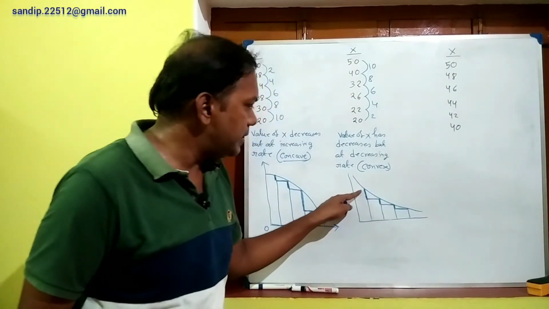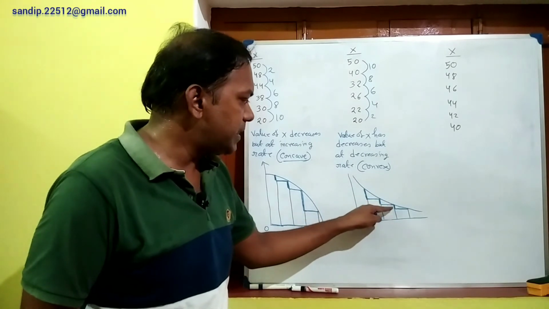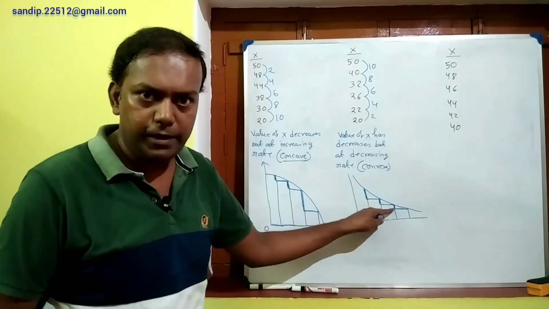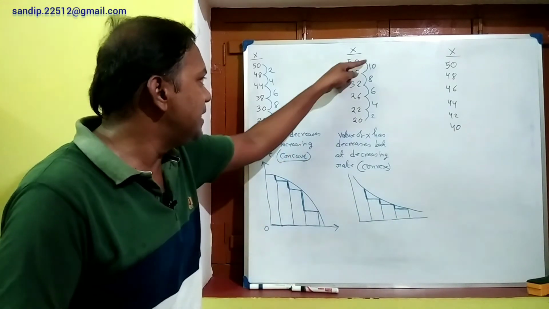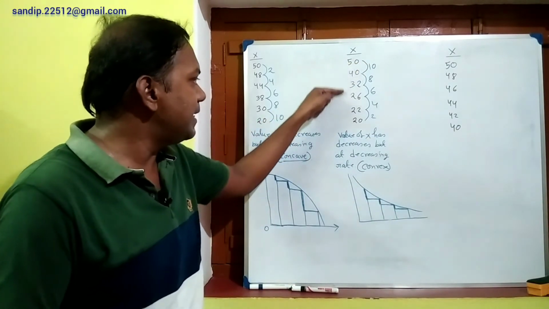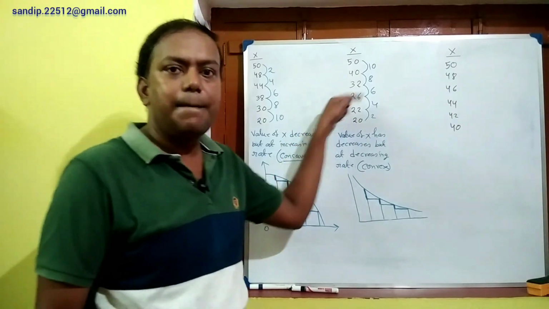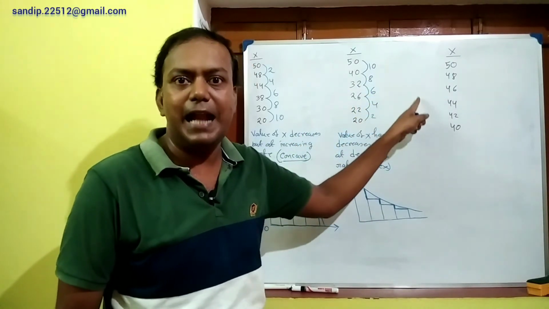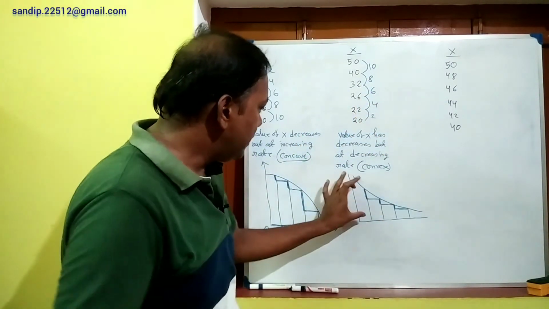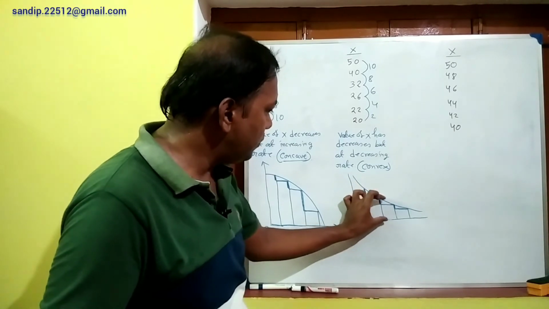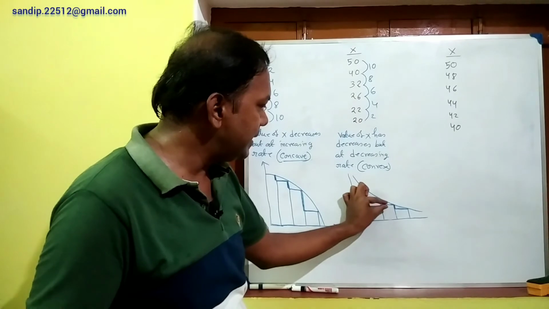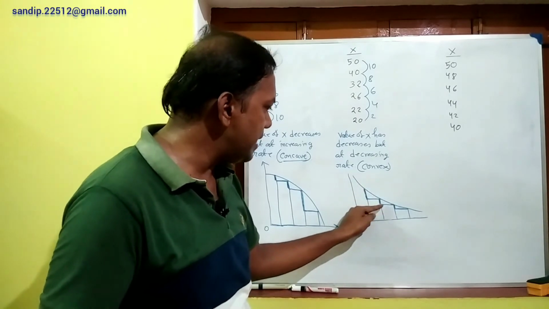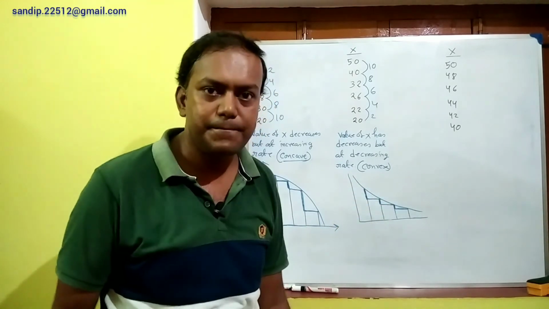Means here you can see the amount of sacrifice of good y is decreasing continuously. Means x has decreased, but it has decreased at a decreasing rate. Means these rates are continuously decreasing.